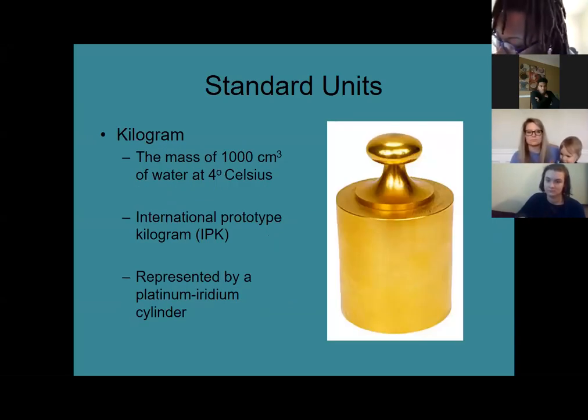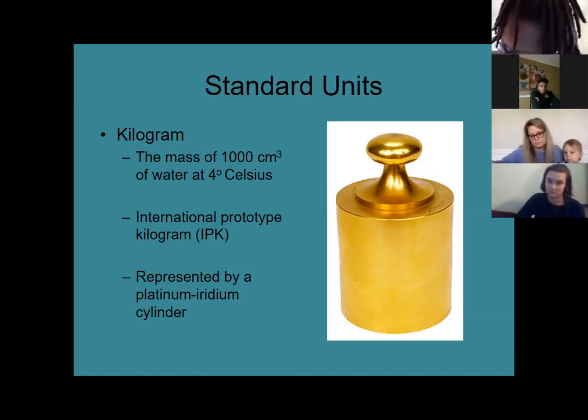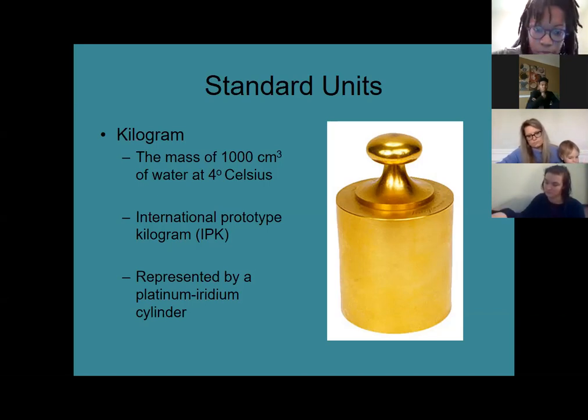The same thing with the kilogram. The kilogram is the standard unit of mass in the MKS and the SI systems of measurement. The kilogram was defined as the mass of 1,000 cubic centimeters of water at 4 degrees Celsius.